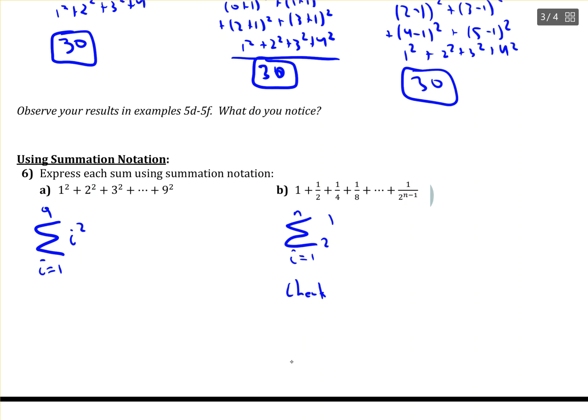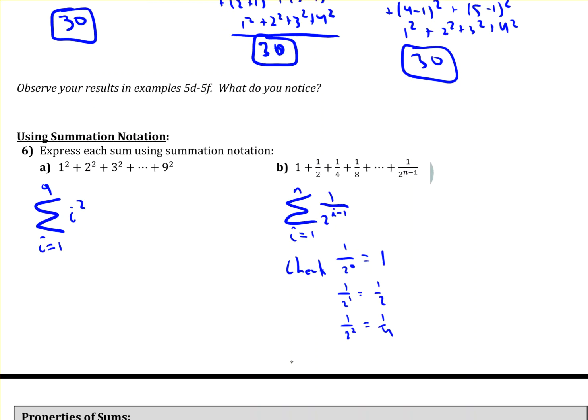That's my mistake. i minus 1. So when i equals 1, I get 1 over 2 to the 0, which is 1 over 1, which is 1. When i equals 2, I get 2 to the 1, which equals 1/2. When i equals 3, I get 3 minus 1 is 2, 2 squared, 1/4, and it looks good. I haven't proven anything, but I've shown that it works.